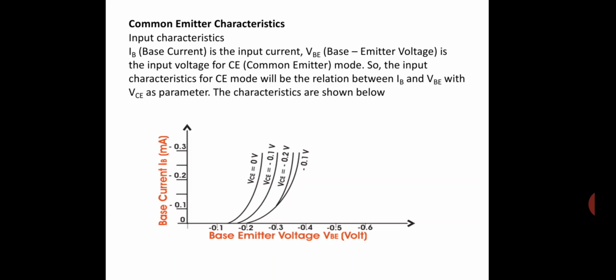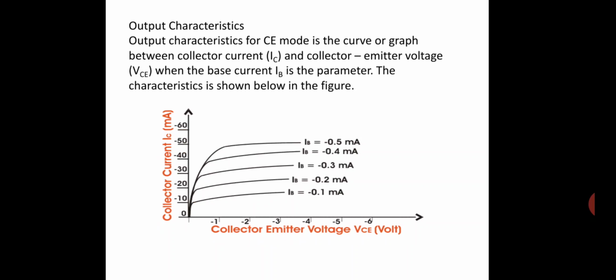So in the graph VCE is the output voltage which remains constant, first at 0.1 volt. At 0.2 volt the output voltage is increased and shown. Now the output characteristics.